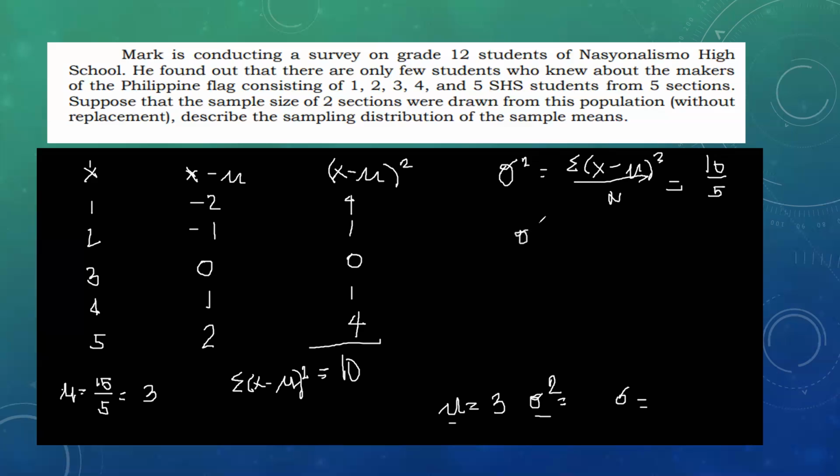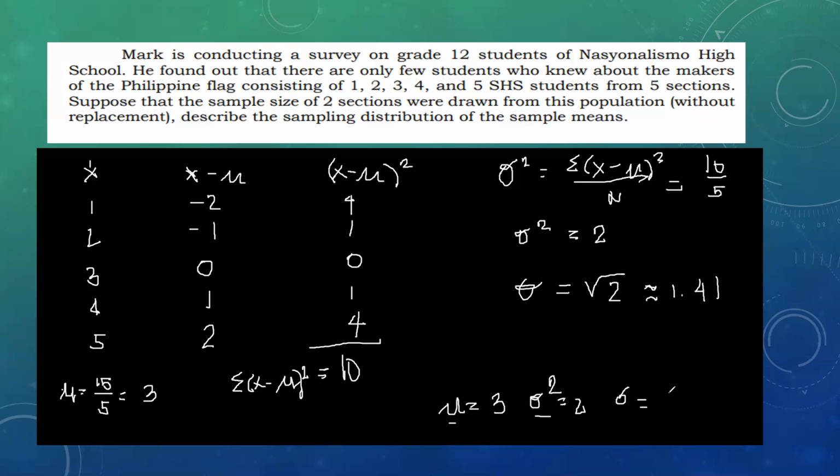So our variance is equal to 2. That is 2. And in order to find our standard deviation, we have to take the square root of 2, that will be 1.41.